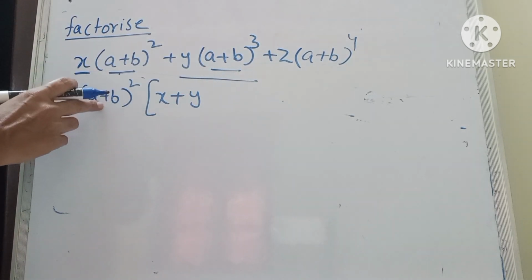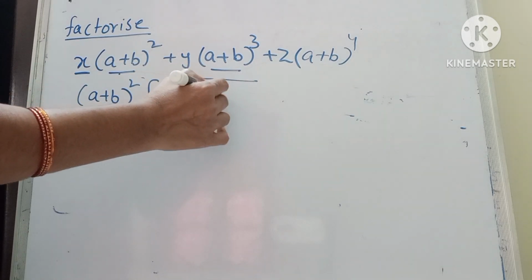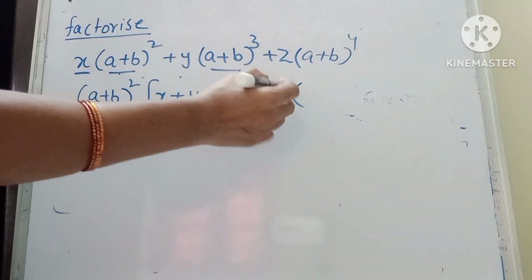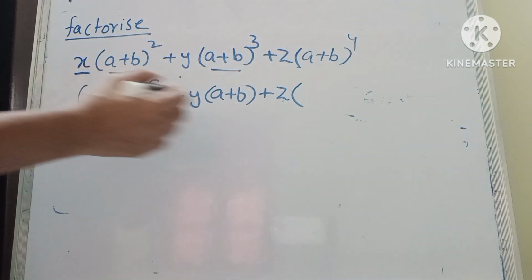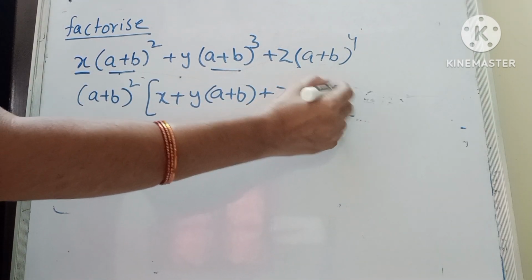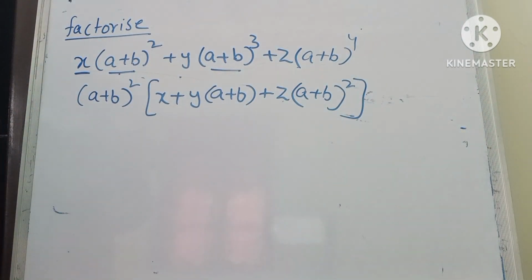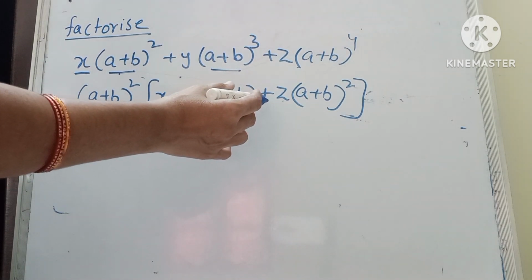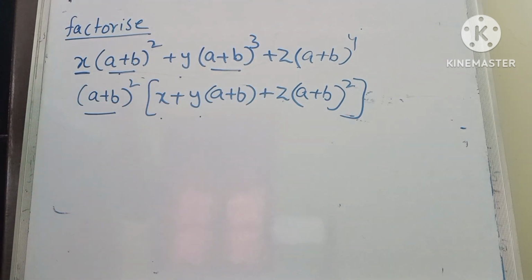If a plus b whole square is brought out, it leaves a plus b one time, and then z into a plus b whole to the power 4. This way a plus b whole square is left. So these are the two factors. A plus b whole square is one factor, x plus y into a plus b plus z into a plus b whole square is another factor.